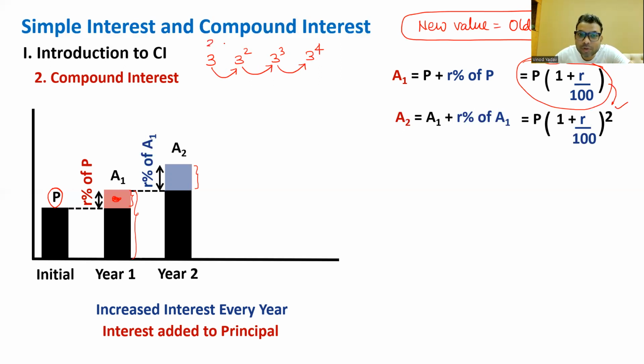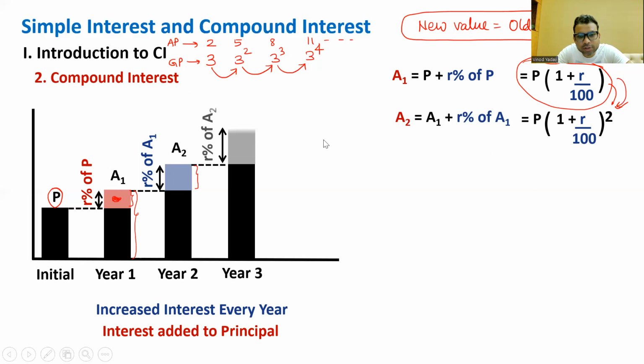And if I have 2, 5, 8, 11, and so on, this was your arithmetic progression, right? The difference is the same: plus 3, plus 3, plus 3. That is the logic of simple interest. And here in compound interest, it is like a geometric progression. Every time you're multiplying by 1 plus R by 100.